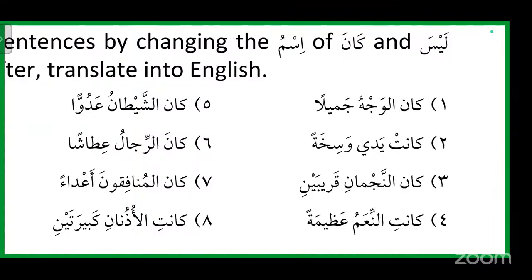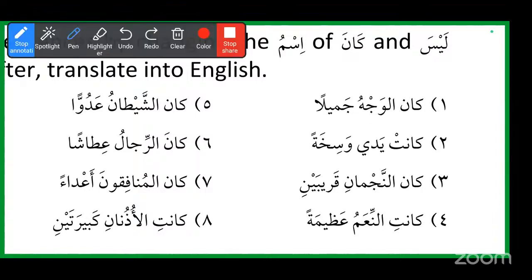Kana huwa jamilan. So I have to say huwa. If I say kana jamilan, it is also okay, because he has told us to change the ism of kana and laisa into a damir. So kana jamilan is also correct, and kana huwa jamilan is also correct.